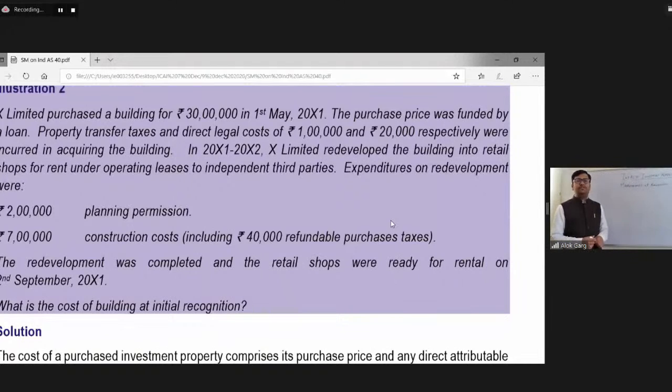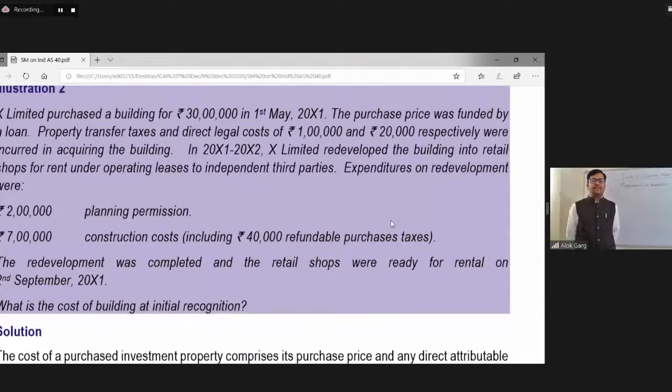X Limited purchased a building for rupees 30 lakh on 1st May 2001. The purchase price was funded by a loan. Property transfer taxes and direct legal cost of rupees 1 lakh and 20,000 respectively were incurred in acquiring the building.